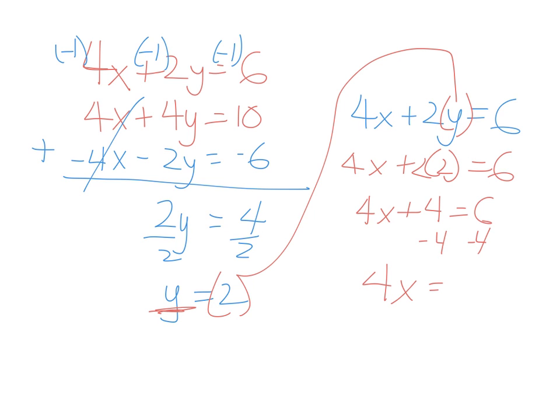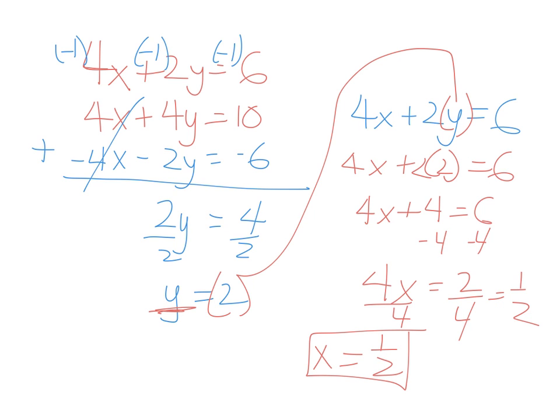Subtract the 4, and 4x equals 2. Don't make a mistake at this late point. Divide both sides by 4, and x equals 2 over 4, which is the same as 1/2. So you might get fractions, could definitely happen. The ordered pair is 1/2, 2.